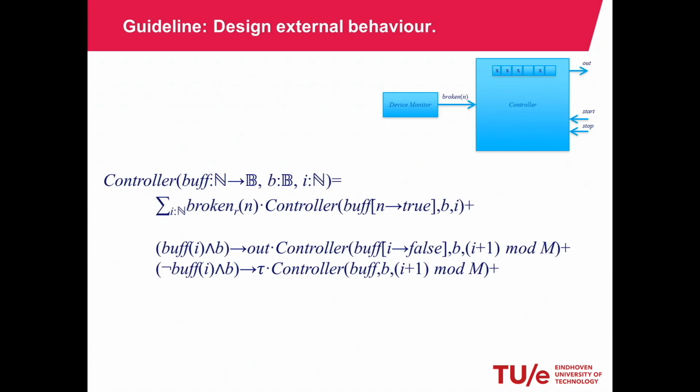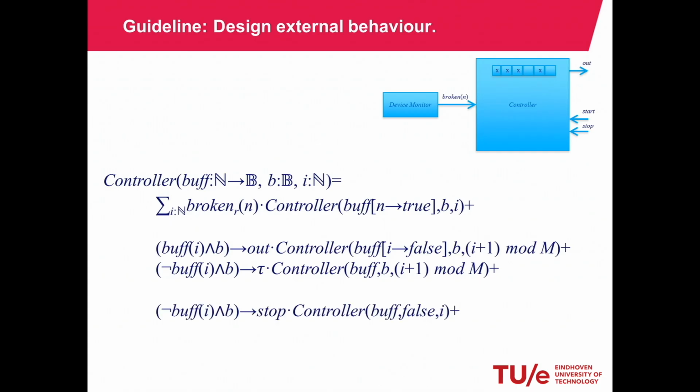If the device at position I is not broken, so the buffer at position I is false, then it will simply increase its index and it will not report anything. It will do this internal tau action.